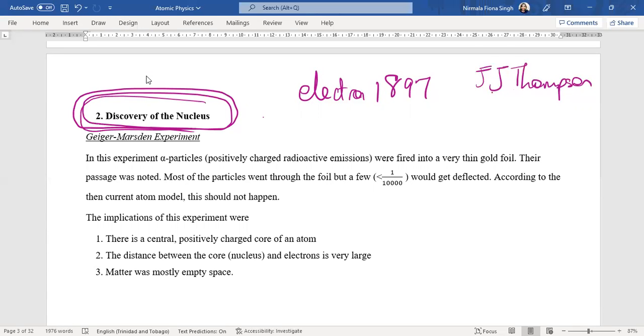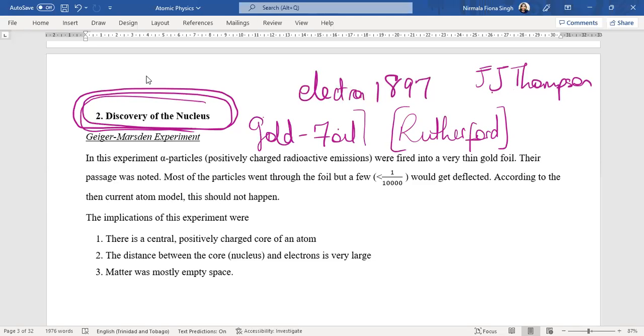This is called the Geiger-Marsden experiment, or the gold foil experiment, or the Rutherford experiment. They all have different names, but they mean the exact same thing. So I call it Geiger-Marsden experiment.